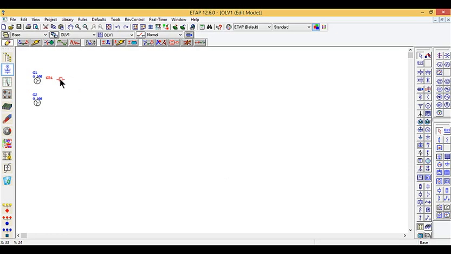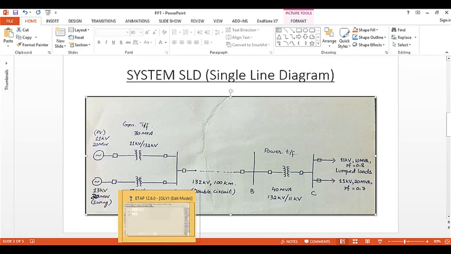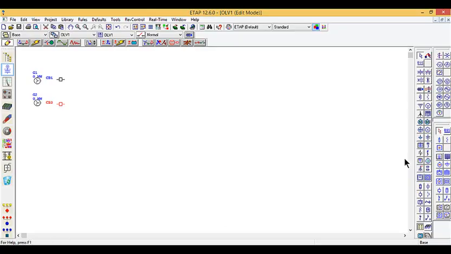We can just copy and paste this circuit breaker. The next element in the SLD is a transformer. Then we have a transmission line, and then we have a power transformer, and then we have two feeders. All of these are present in the element list of ETAP right here at the right hand side of your screen. So let's model this system.